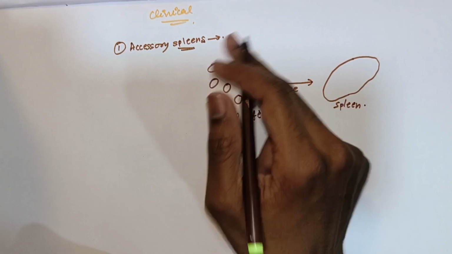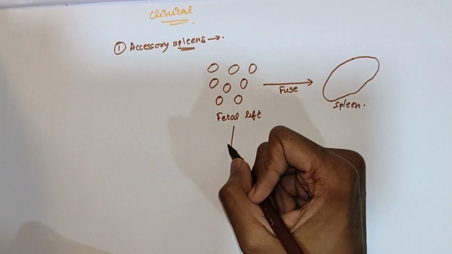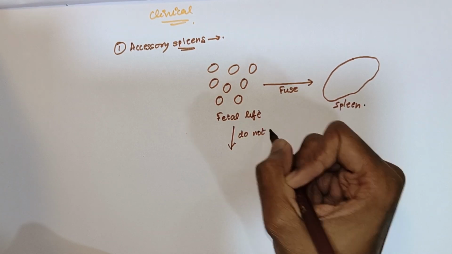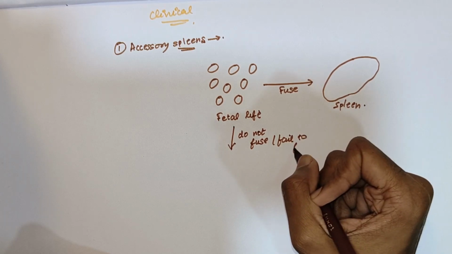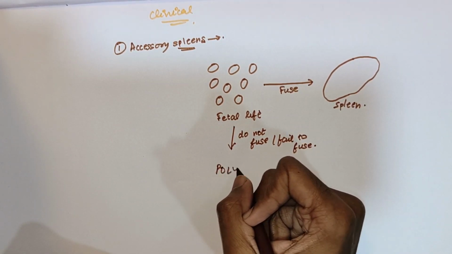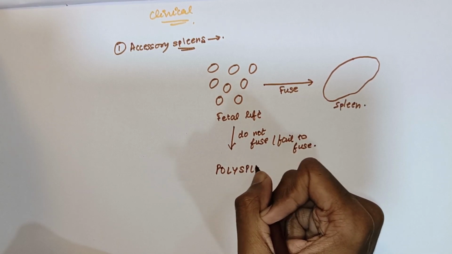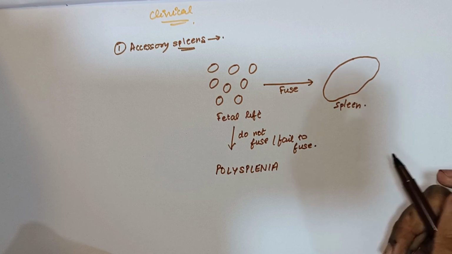Sometimes these individual mesenchymal cells do not fuse. They fail to fuse. It leads to a condition known as polysplenia.